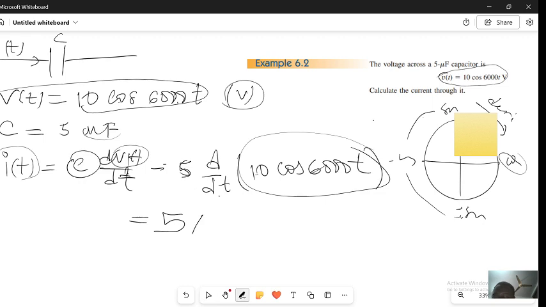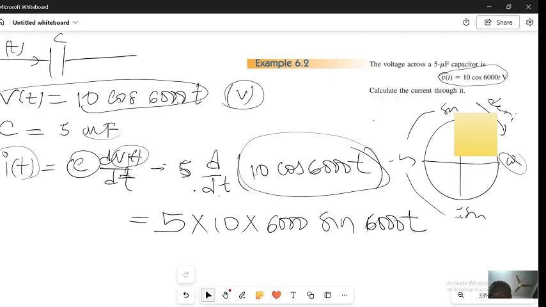So I will have 5 multiplied by 10, because this constant can be kept here, multiplied by 6000 sine 6000t. Don't forget this minus. We'll put this minus here.